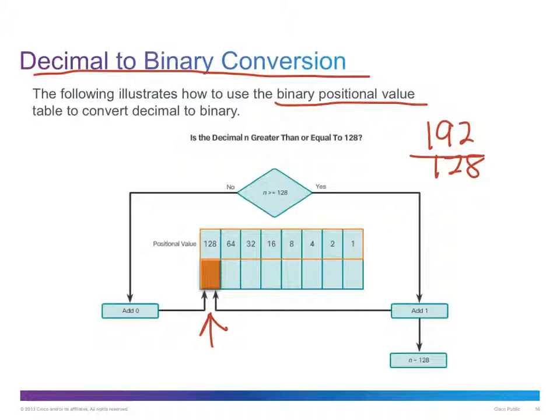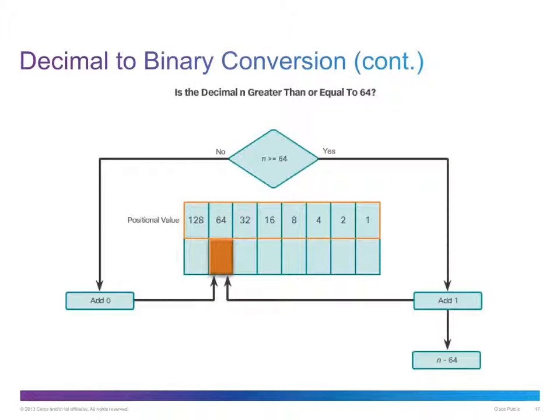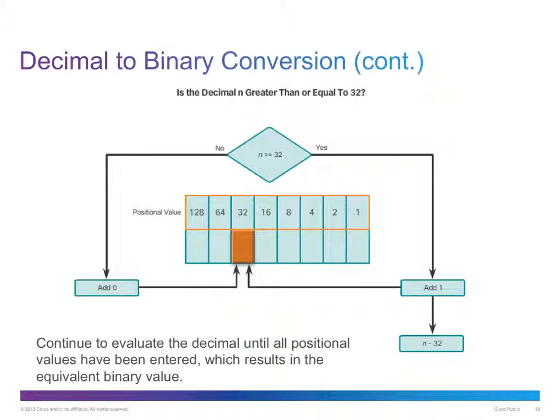You take 128 away from that and calculate the difference. And then you see if you can take a 64 out of that. If you can, you subtract that off. Then can we take a 32 out? If you have a 32 left, yes, that would be a 1. If you don't, then that would be 0. And you can just keep working.